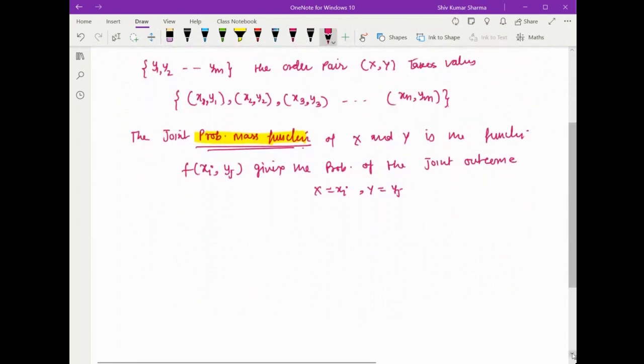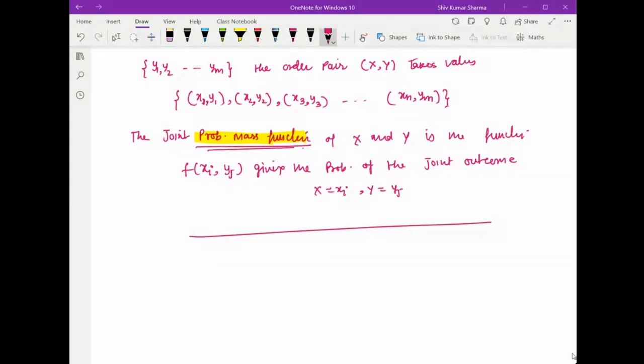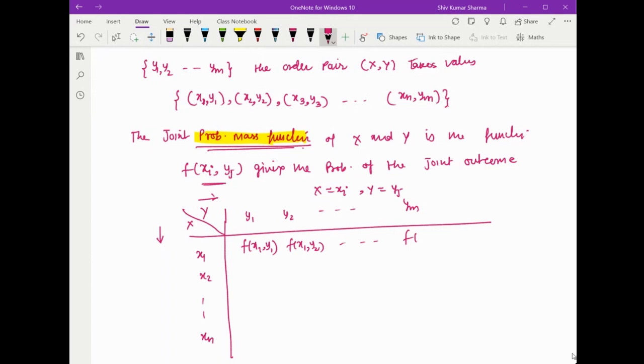So we can understand through this table. This is random variable x and this side random variable y. So y having values y1, y2, ym, x having values x1, x2, xn, and the function, that means for ordered pair (x1, y1), we define the function as f(x1, y1), this is f(x1, y2), and f(x1, ym).